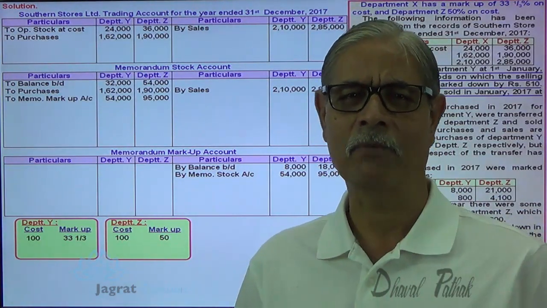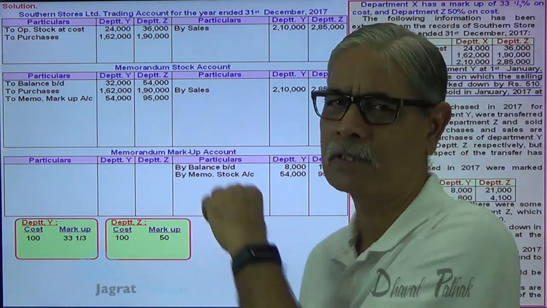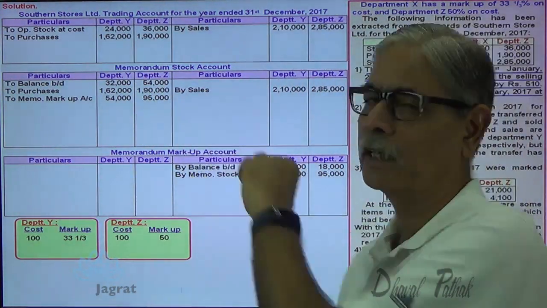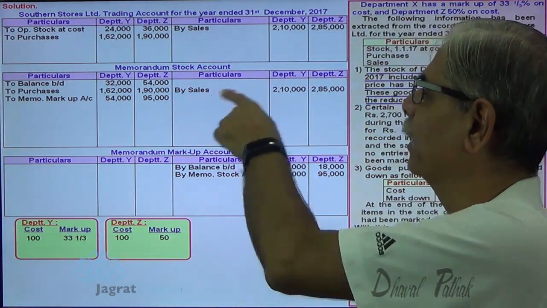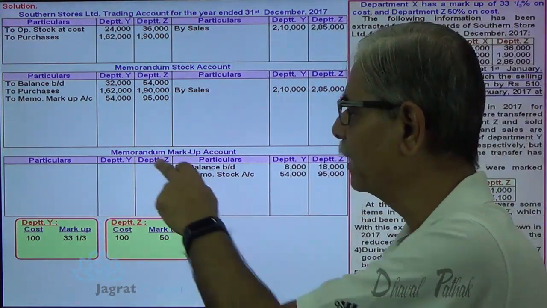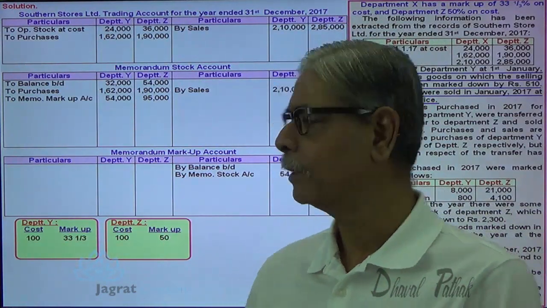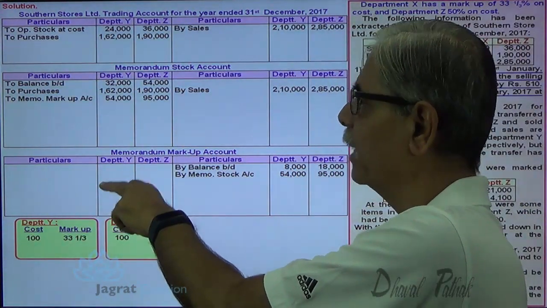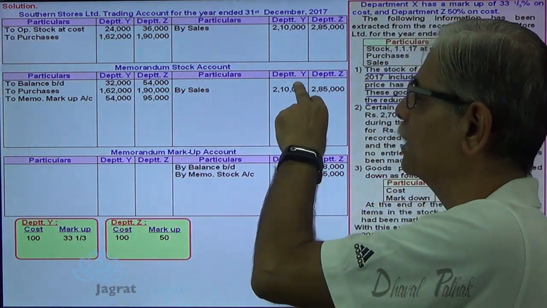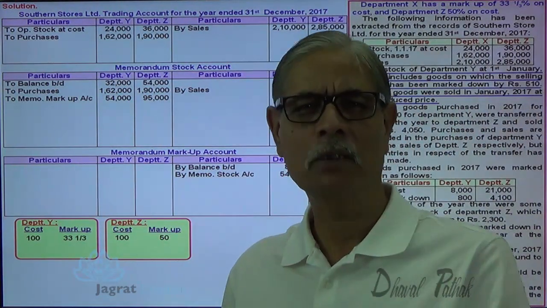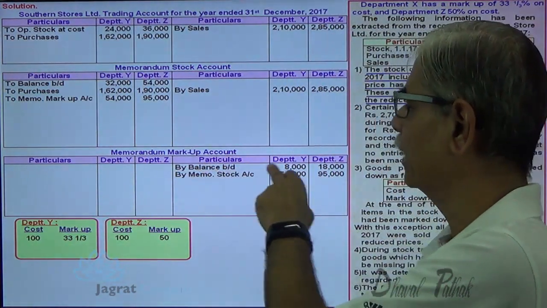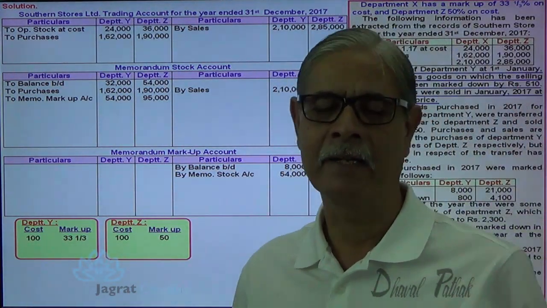The other style of recording: instead of deducting 510 from 32,000, write 510 on the opposite side, and write 510 on the opposite side of this 8,000. So opposite side, this debit side, write 510. Or alternatively, you can deduct 510 from 32,000 and you can deduct from 8,510.